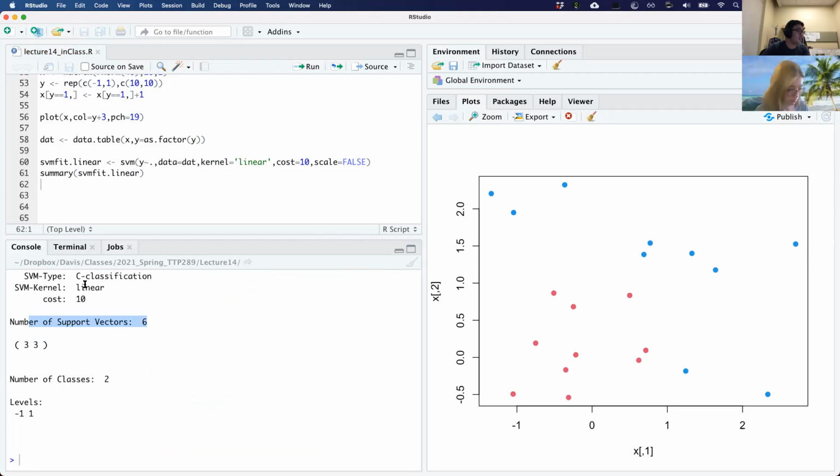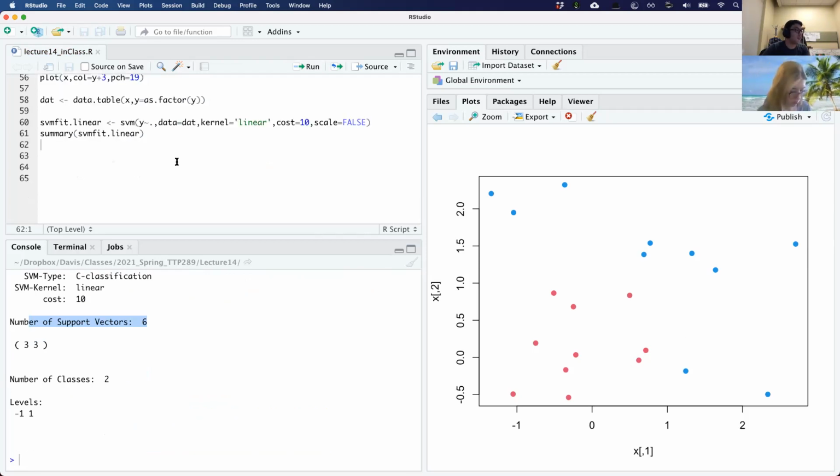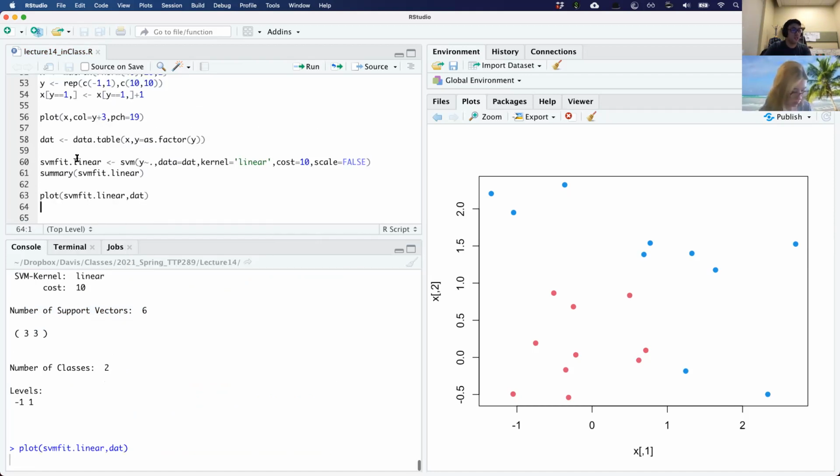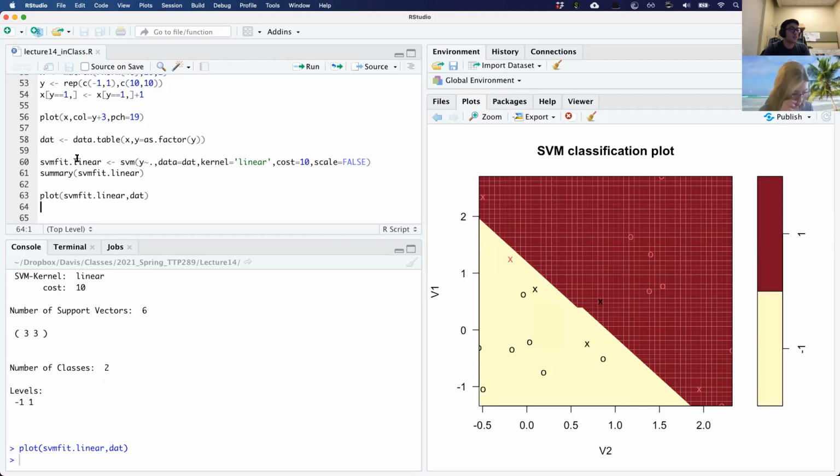And then there are 2 classes. So let's take a look at a plot of that. Great. So we can see here, this is my hyperplane. It's just a straight line. I guess there's some kind of rounding thing going on here in this plot.